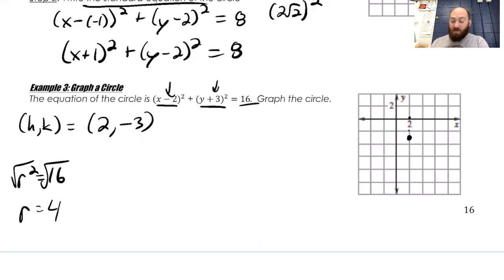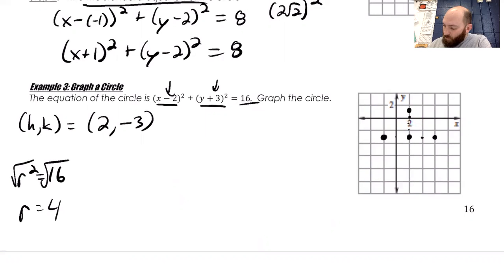I'm going to go 4 directions. So I'm going to go from the center and go 2, 4 right here, 2, 4 right here. And again, I'm counting by 2s because my scale is in 2s. And then I'm going to go 2, 4 right here, and then 2, 4 down here.